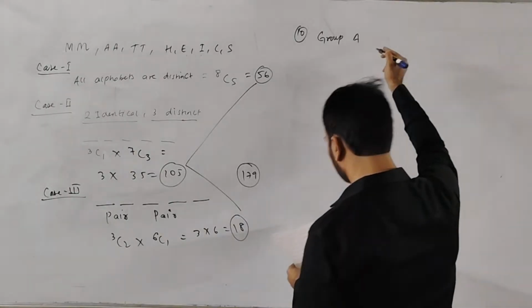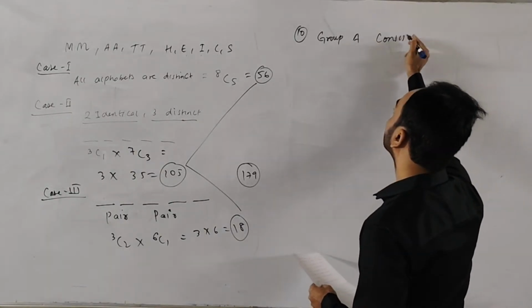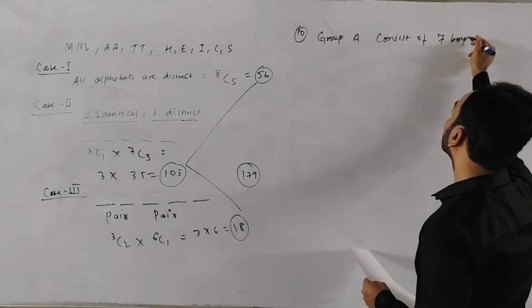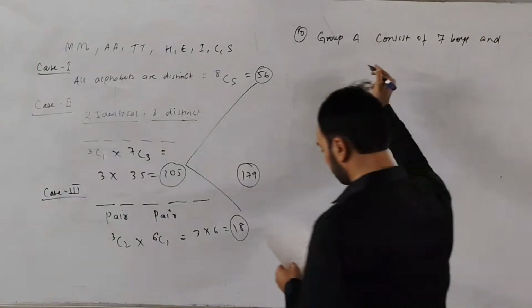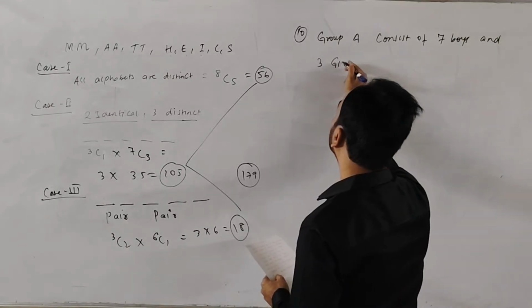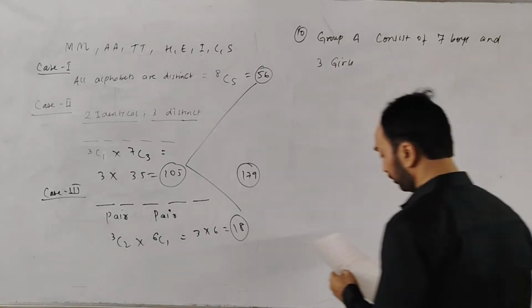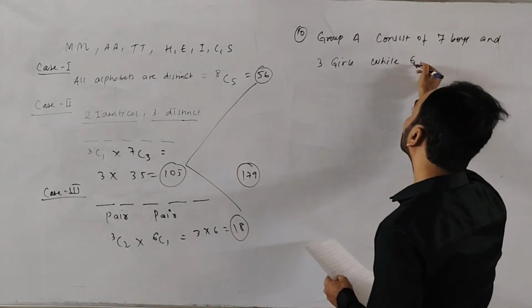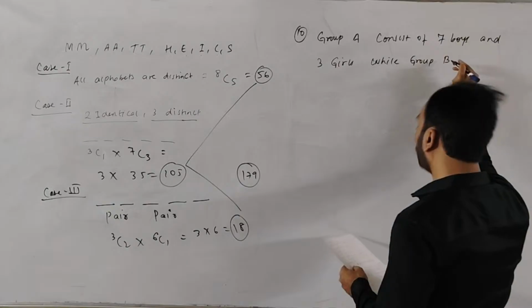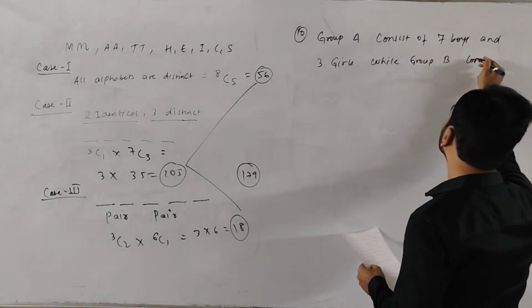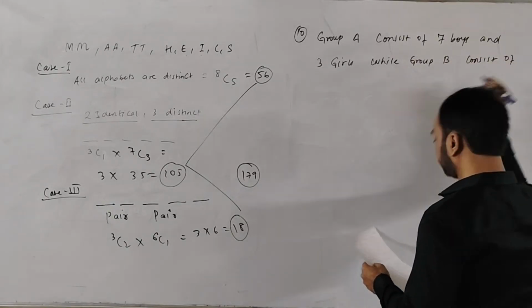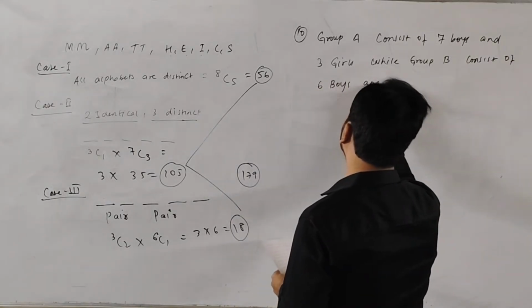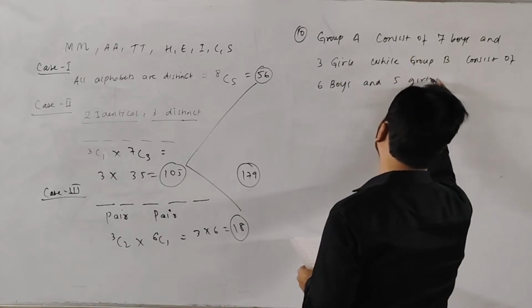Group A consists of 7 boys and 3 girls, while Group B consists of 6 boys and 5 girls.